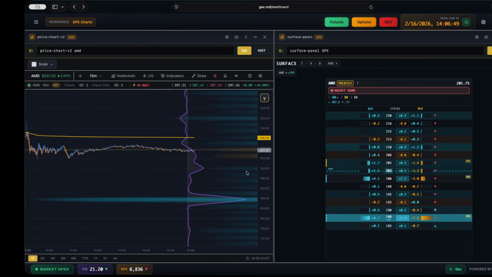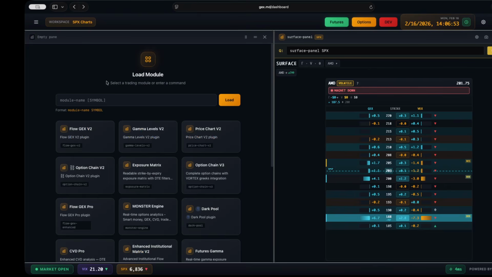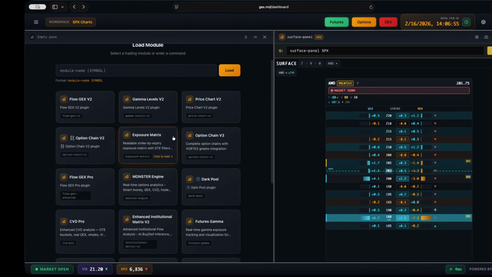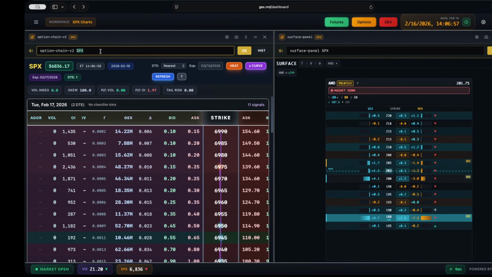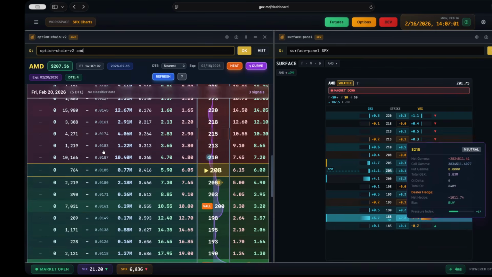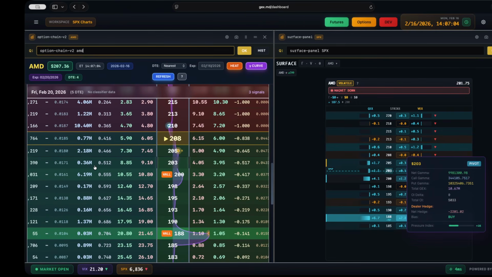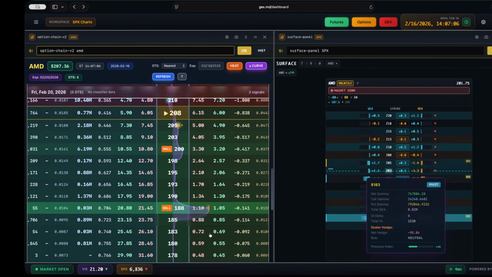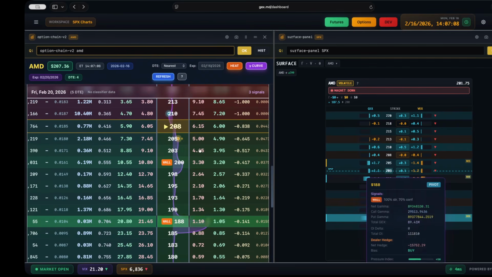So you can combine, you can check, let's see the option chain for A&D. $188 right here, take a look. Then we are right here. All this, take a look, put.